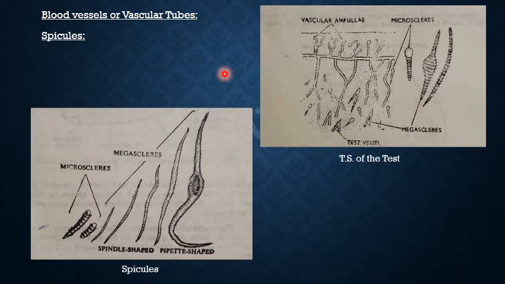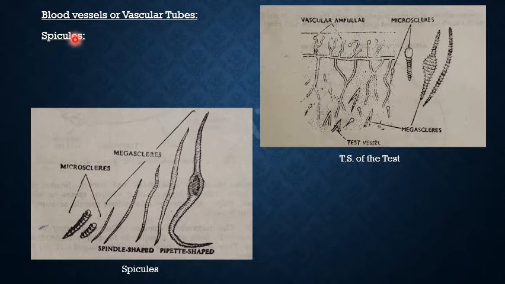The first was the matrix, which is the general base of the test, and in this matrix are embedded 4 things: the cells, which I had done in the previous lecture, the fibrils, this also is done, then come the blood vessels or vascular tubes, and spicules is the 5th thing which is embedded in the matrix.